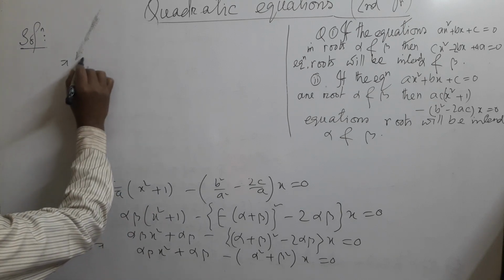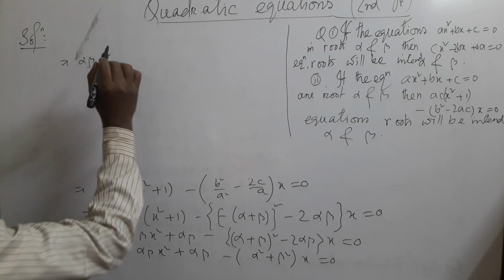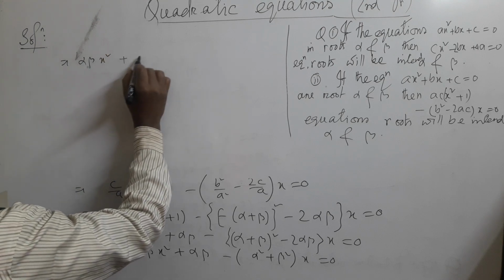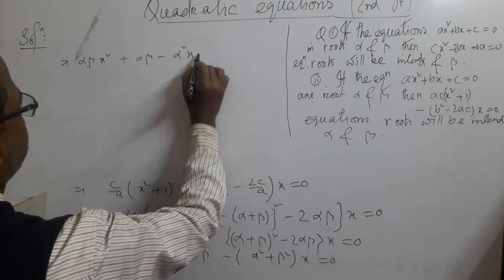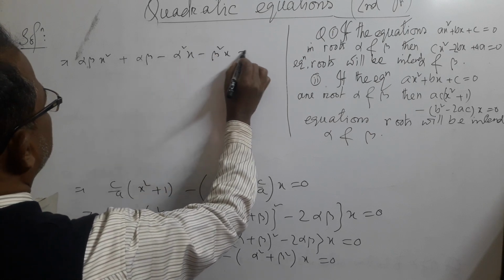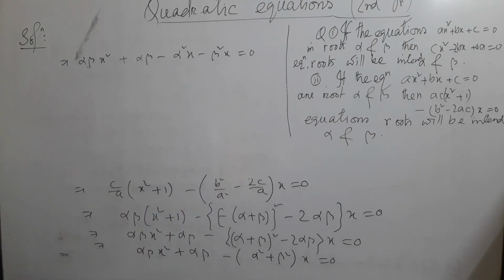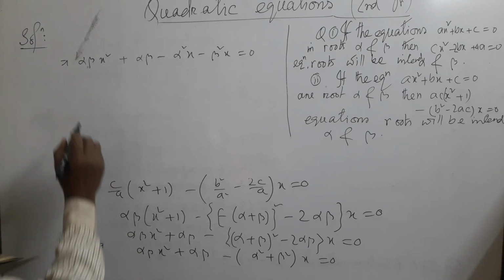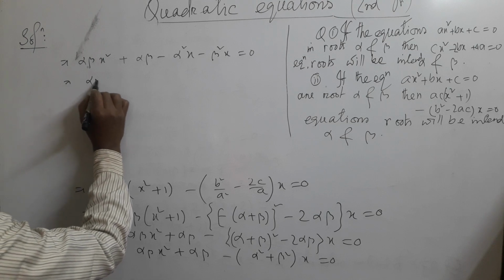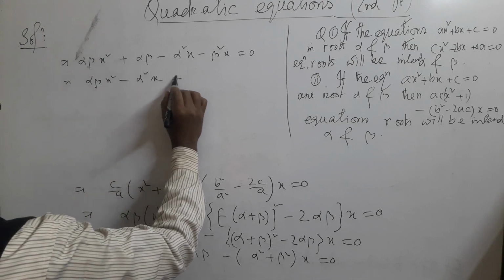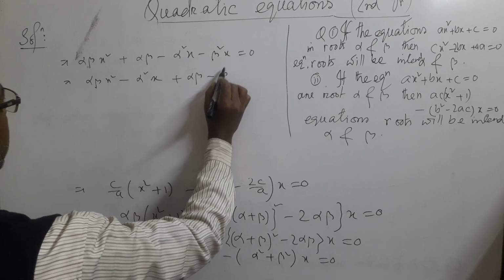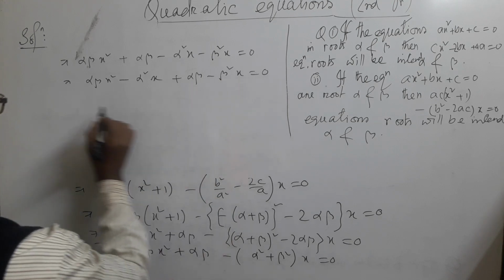That implies alpha beta x² plus alpha beta minus alpha² x minus beta² x equals 0, that is alpha beta x² minus alpha² x plus alpha beta minus beta² x equals 0.